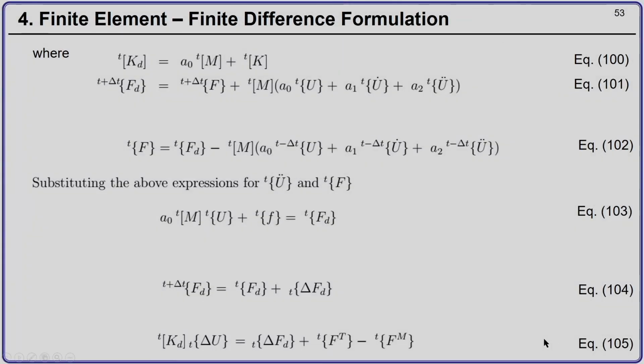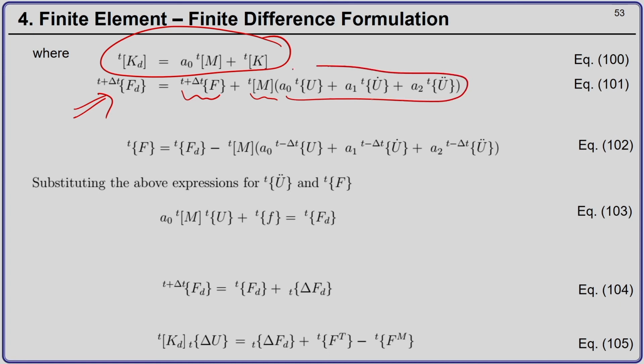So, the K_D is nothing but A0 m plus k, and f at t plus delta t, f_D, is nothing but the external force plus m times this quantity over here. This is nothing but the acceleration approximation. Now, at time t you can write the forces like this.